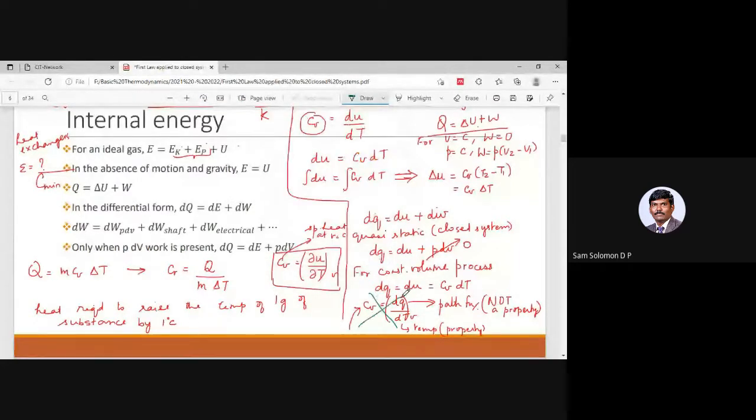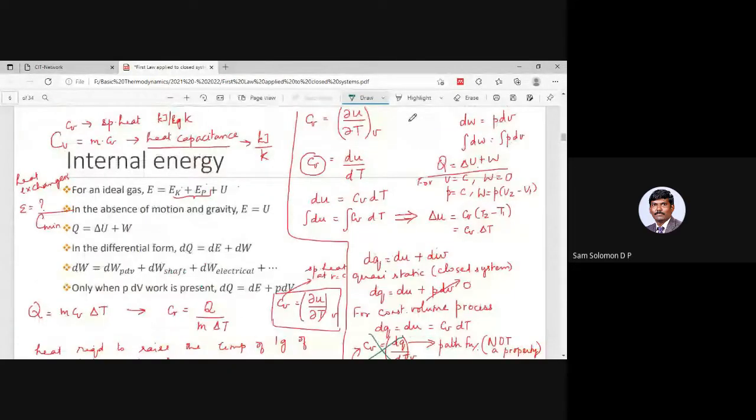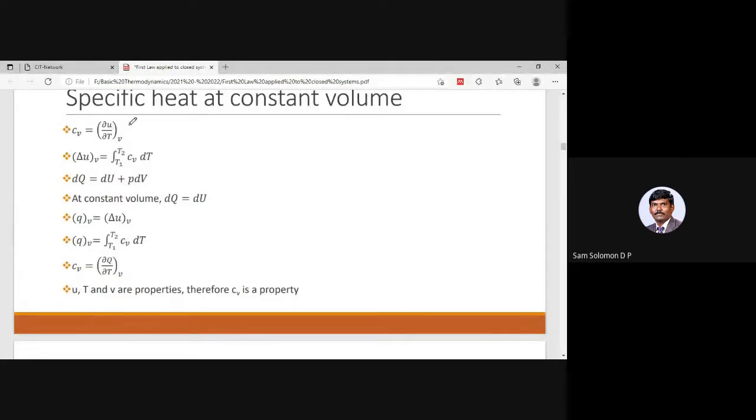Is that clear? The definition of CV is partial u partial t at constant v. This is the correct definition. You can also define CV as partial q partial t at constant v, though it is mathematically correct, this is technically wrong.